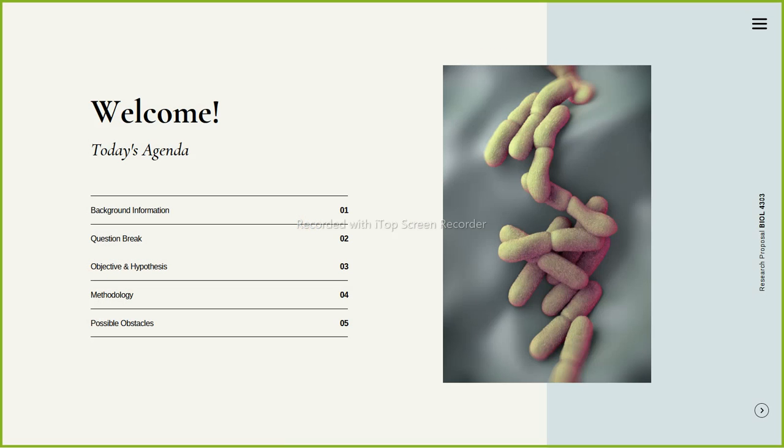We'll give a little background information on biofilms and the particular disease we're looking at, and after that we'll stop with a question break. If you have any questions, feel free to ask. Then we'll get into our objective and hypothesis, our methodology and how we're going to achieve what we're looking to do, and then finish off with some possible obstacles.